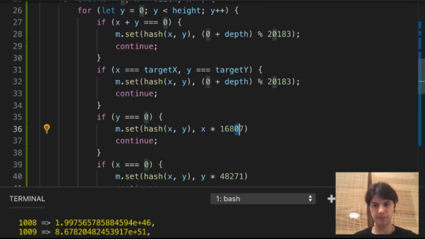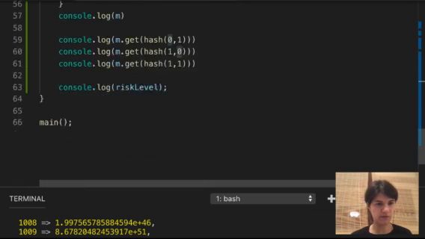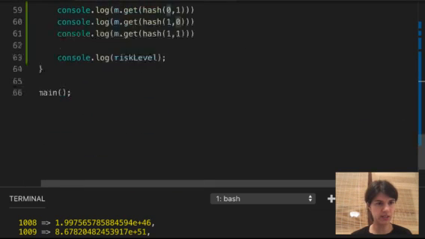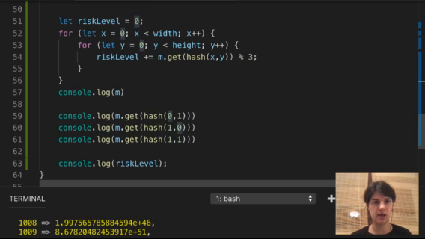Yeah, so I was trying to print the geologic indices. Was that not right? Because my map has the geologic indices, and then at the end I'm just getting the erosion out from them.